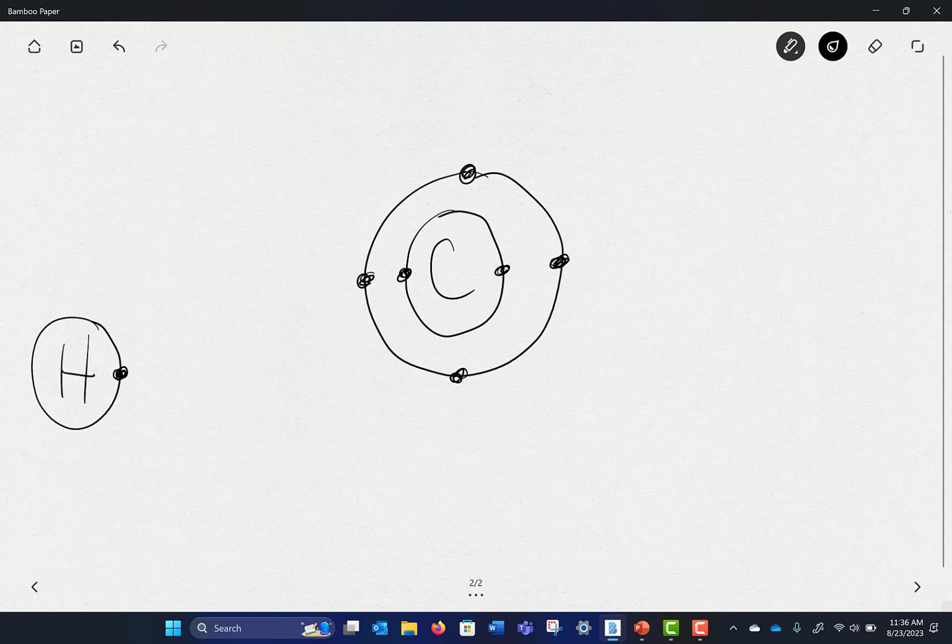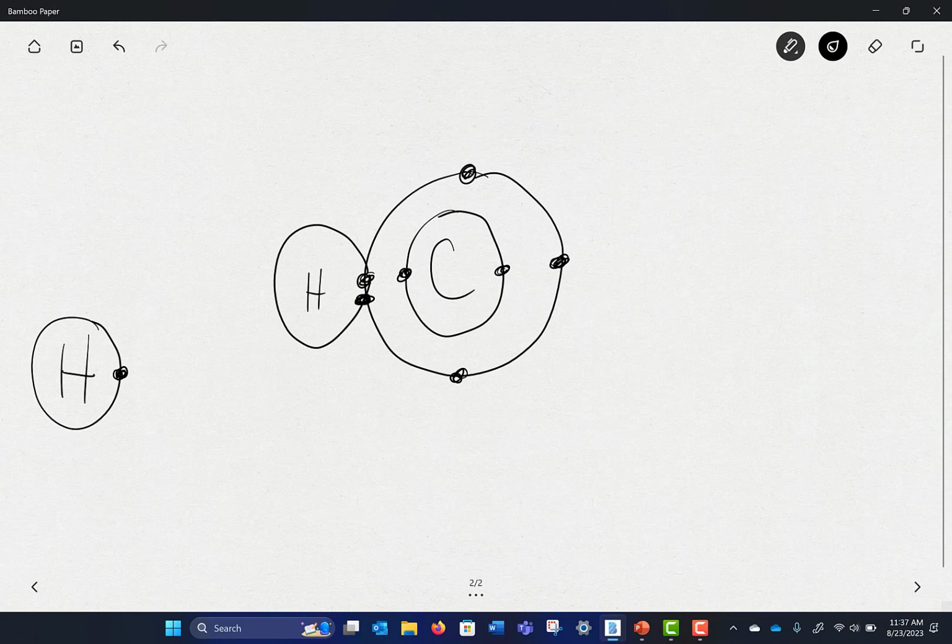And what will happen is, if hydrogen and carbon get close enough together, they will pull on each other and they will bump together. And what we will end up with is something like this. Hydrogen and carbon are going to share electrons.